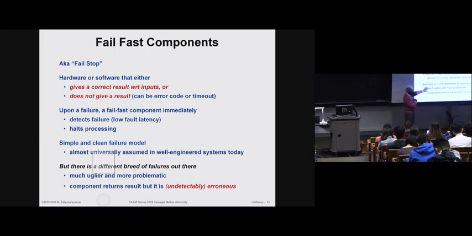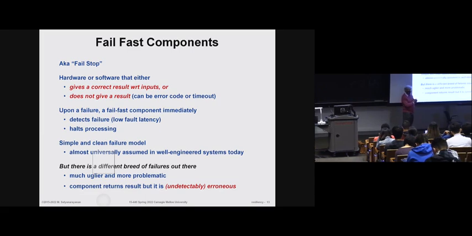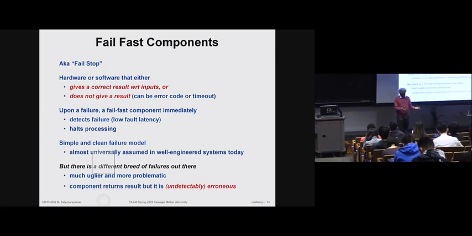What is this different breed of failures which do not follow this nice property? Right? It's much uglier failures. You get a result, but like 1 + 1 is 3. I don't know. You say get packet, and it gives you a packet, but the bits in the packet may not be what got transmitted.